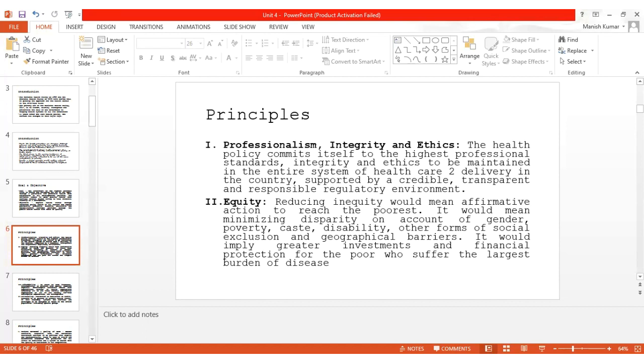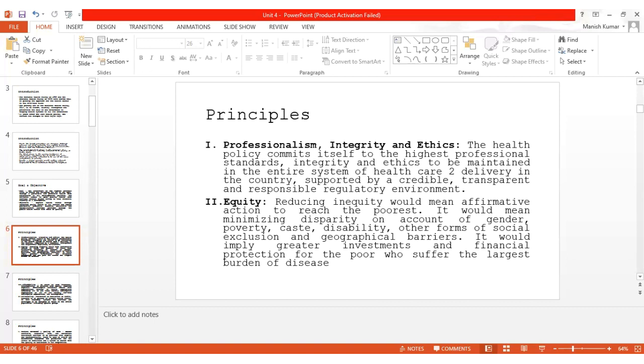So there should not be any geographical barriers or disability barriers. These are the principles, and they talk about ideal conditions. To be very frank, I have seen multiple health facilities which do not look disabled friendly.